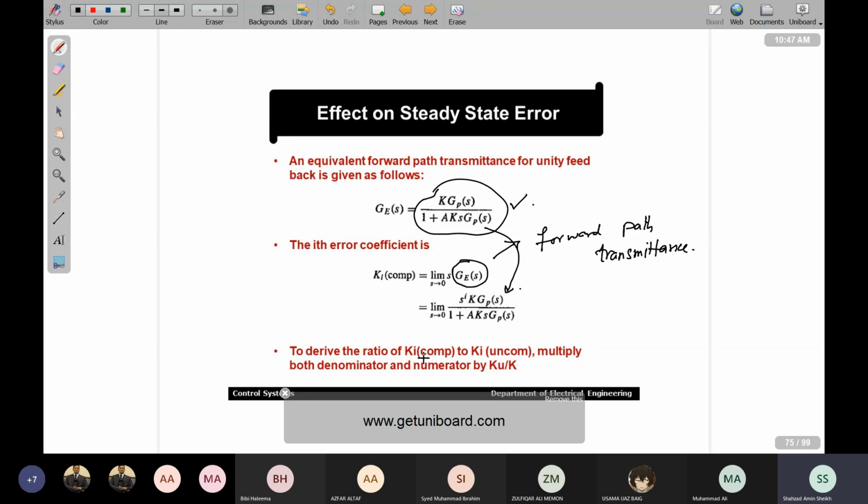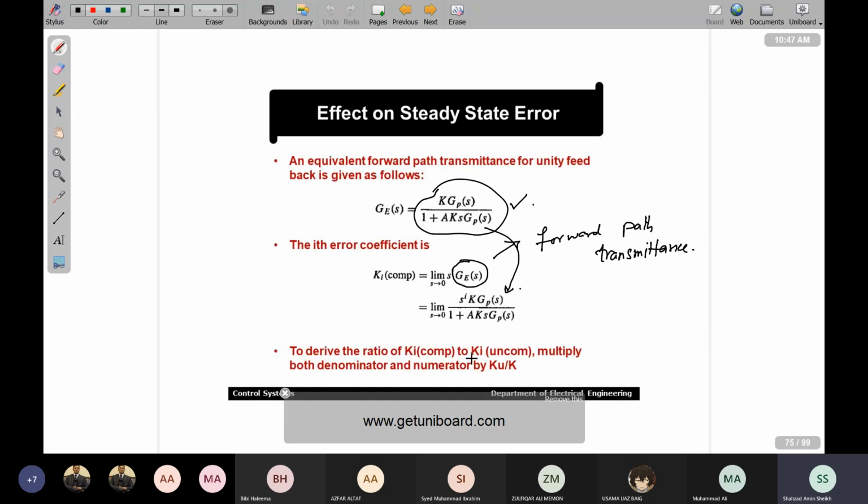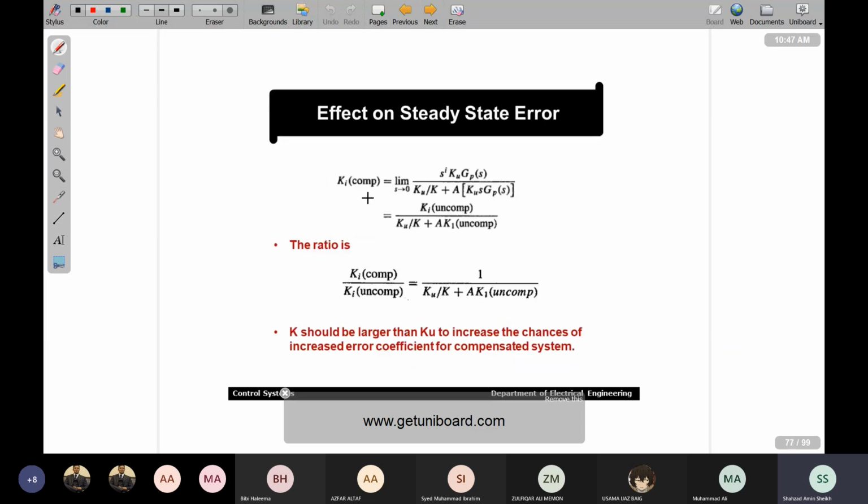And to simplify our mathematics and to reach this Ki compensated over Ki uncompensated, we multiply both denominator and numerator by Ku over K. So K is the constant for this particular controller, and Ku is the proportional constant for the uncompensated system. So you have just multiplied everything, both denominator and numerator, with K over Ku, and as a result of that you are getting this thing.